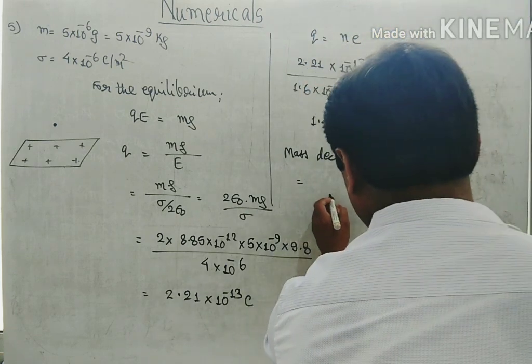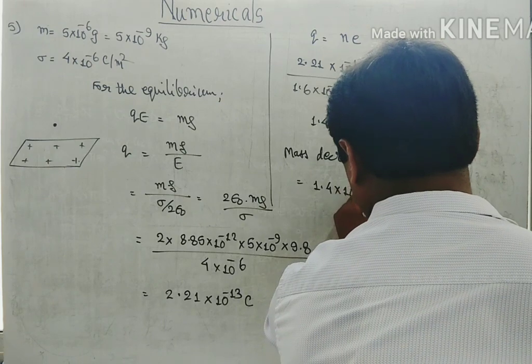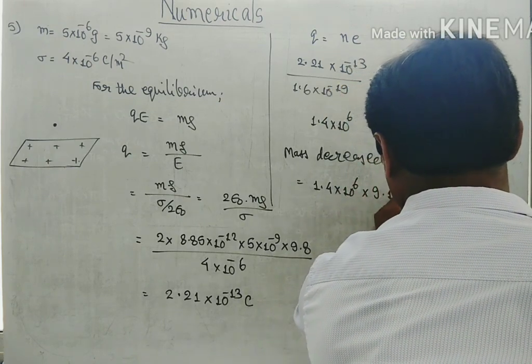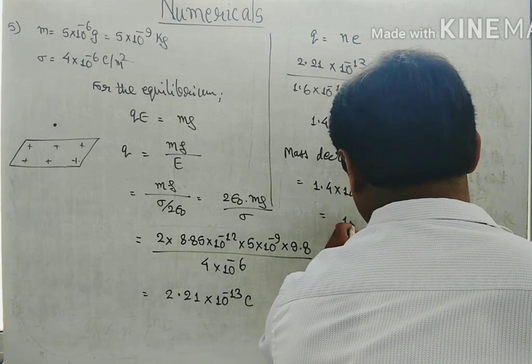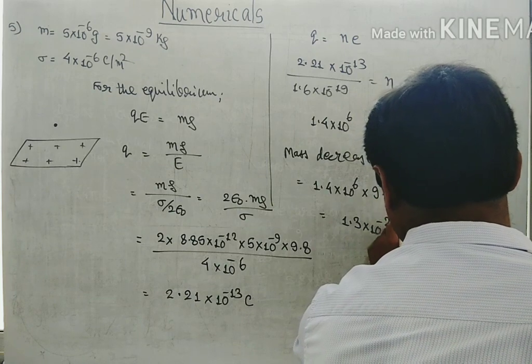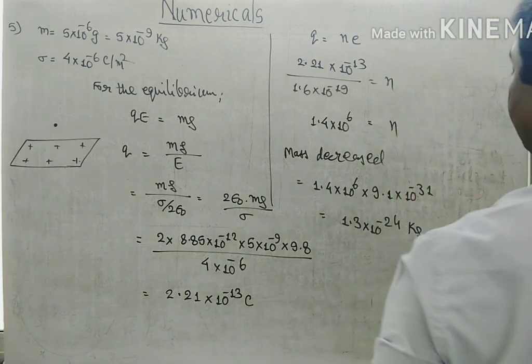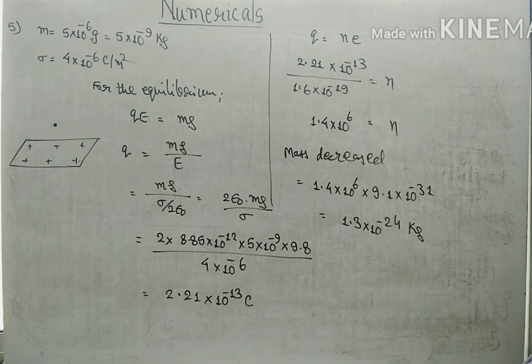So you will have 1.4 × 10^6 into 9.1 × 10^-31 kg, and this simply will give you 1.3 × 10^-24 kg. So this is the last answer for the question.